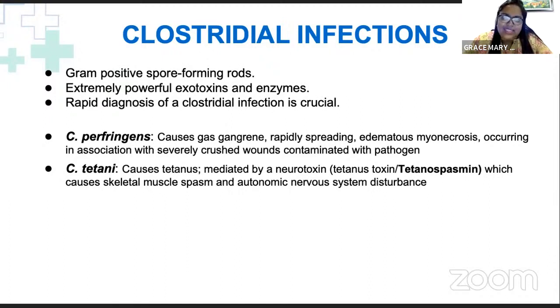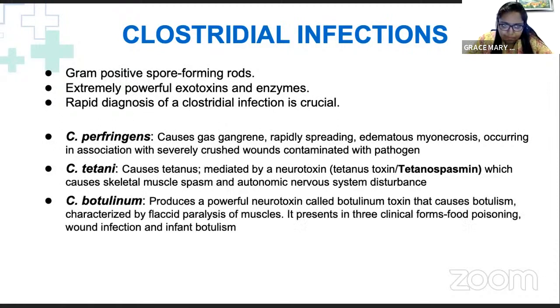There is a very potent neurotoxin called tetanospasmin, which causes lockjaw. You'll have severe facial spasm, skeletal muscle spasm, and your body tends to be out of control if you get this infection. That's why, whenever we have a trauma, the TT injection, if it has not been taken within the last 10 years, you have to take it.